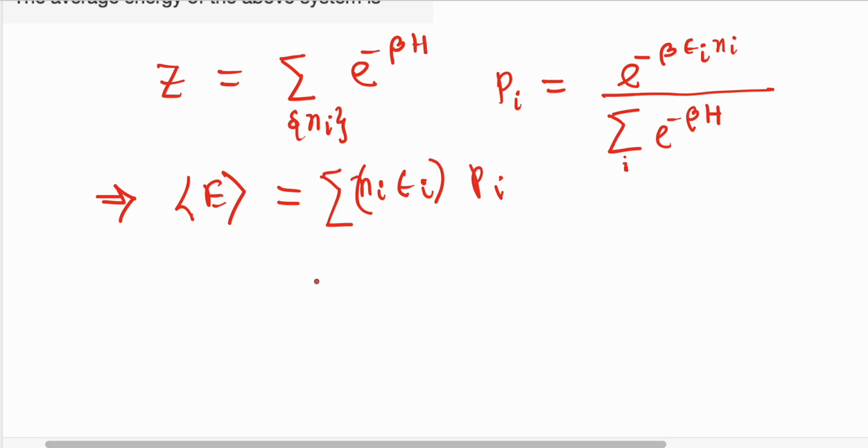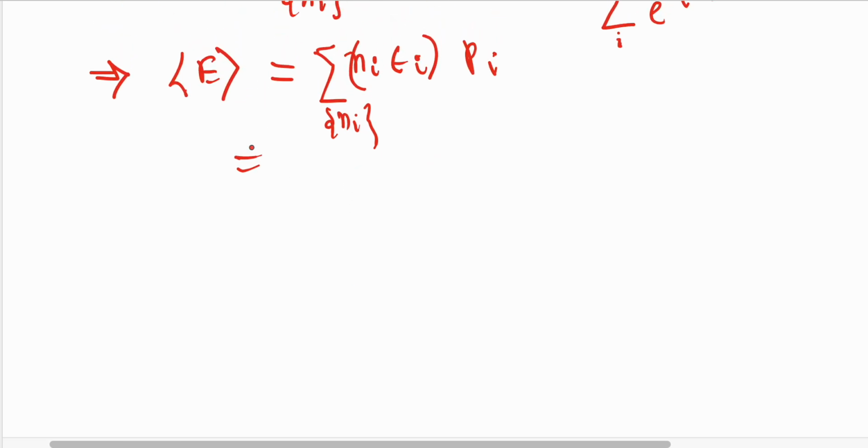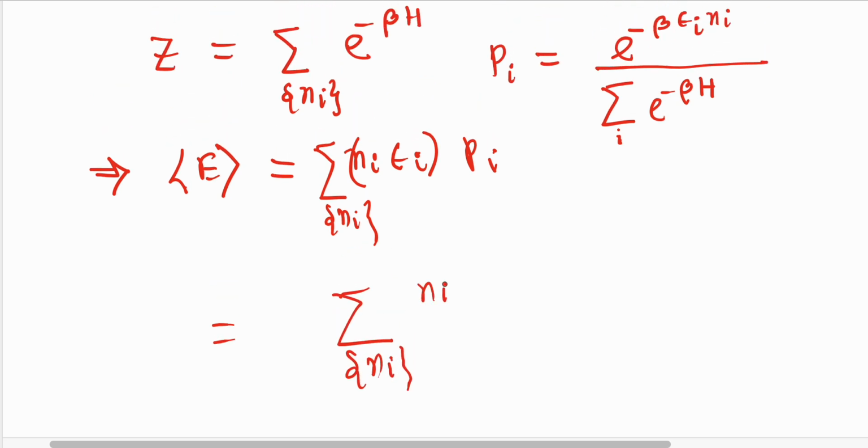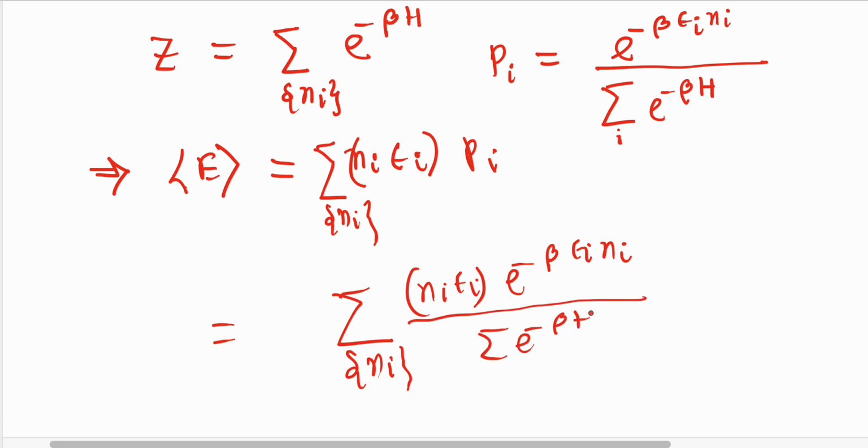So this will be the average energy, over all the possible combinations of ni, and it will become the summation of ni epsilon i e to the power minus beta epsilon i ni by the summation of e to the power minus beta h.